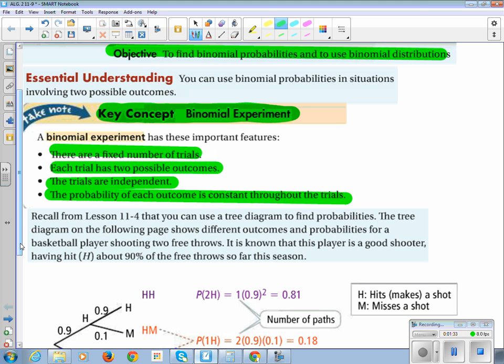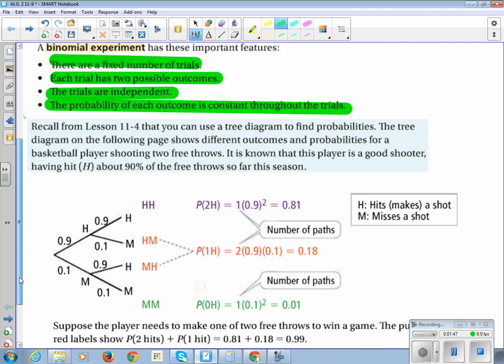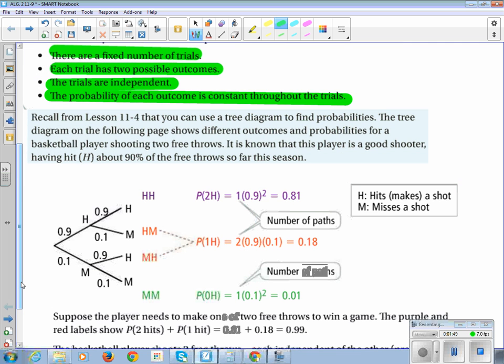All right, so in 11-4, we saw this tree diagram to find probabilities, and actually that was a part of the learning objective, to use tree diagrams to find the probabilities. So we copied this one about the basketball player shooting free throws. In fact, two of them. So we have two branches to our trees.